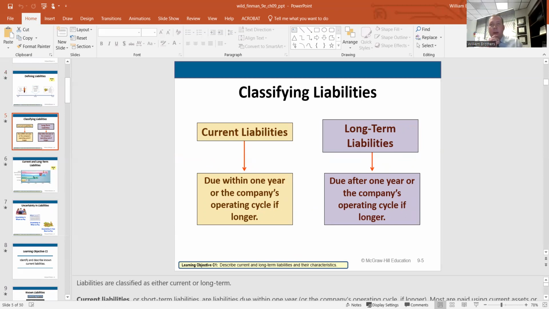If I looked at that, perhaps I've got a large asset that I'm purchasing. Maybe I'm buying a building, or maybe I'm buying a vehicle. In that situation, I'm going to be paying back continuously, having incurred a liability that I'm going to be paying on for quite some time.